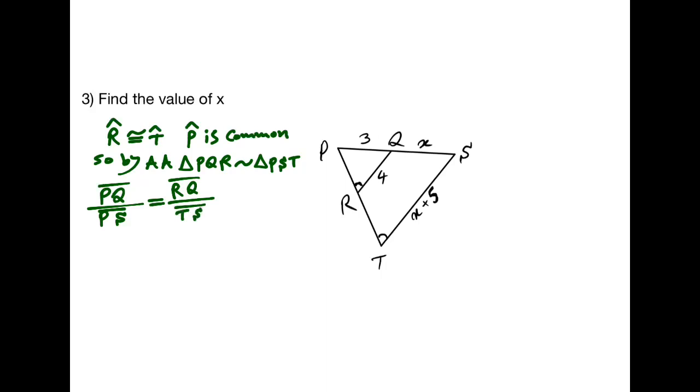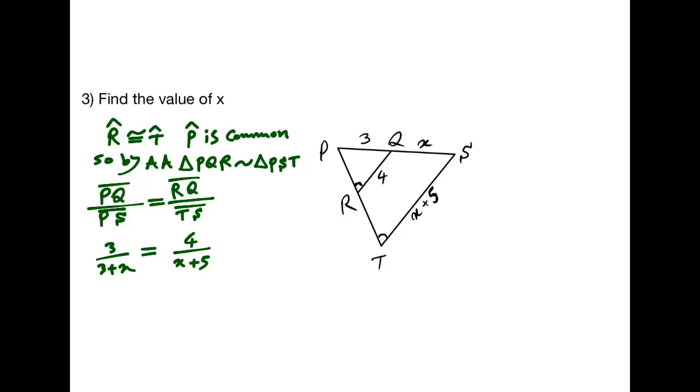Now let's replace the values. PQ is given by 3. PS, as you see, from here to here is 3. From here to here is x. So altogether, from P to S becomes 3 plus x. So 3 over 3 plus x equals RQ is 4 and TS is x plus 5.